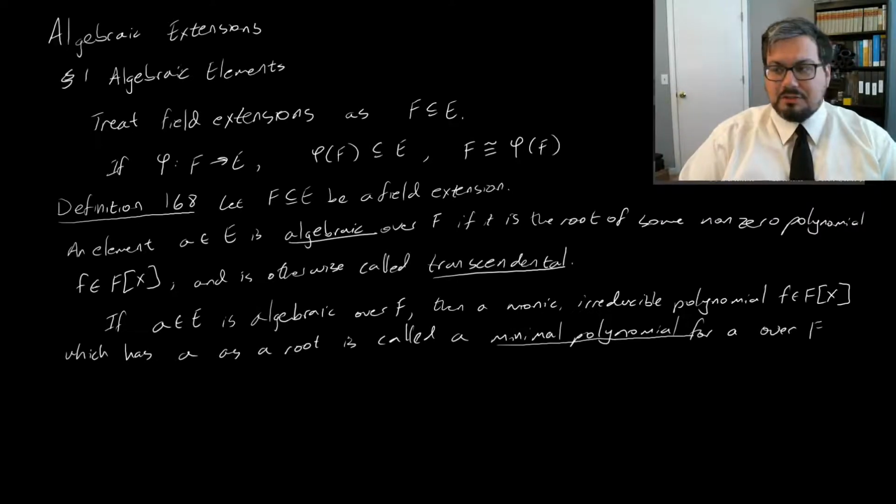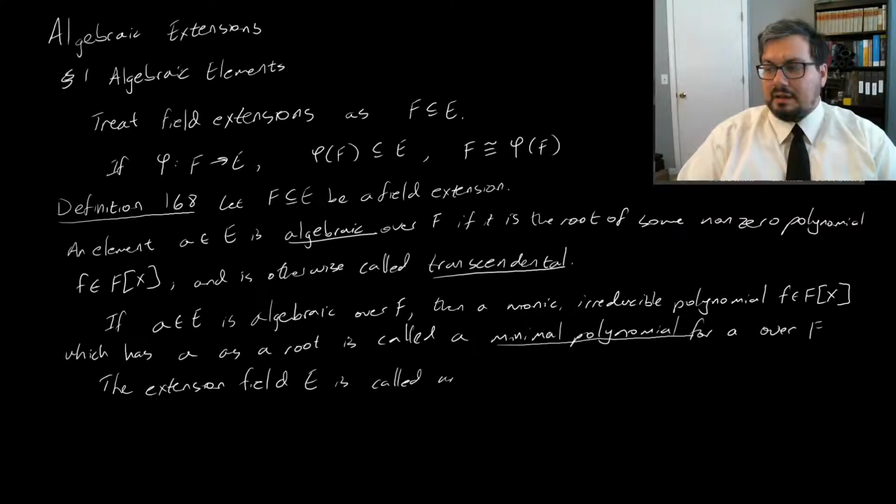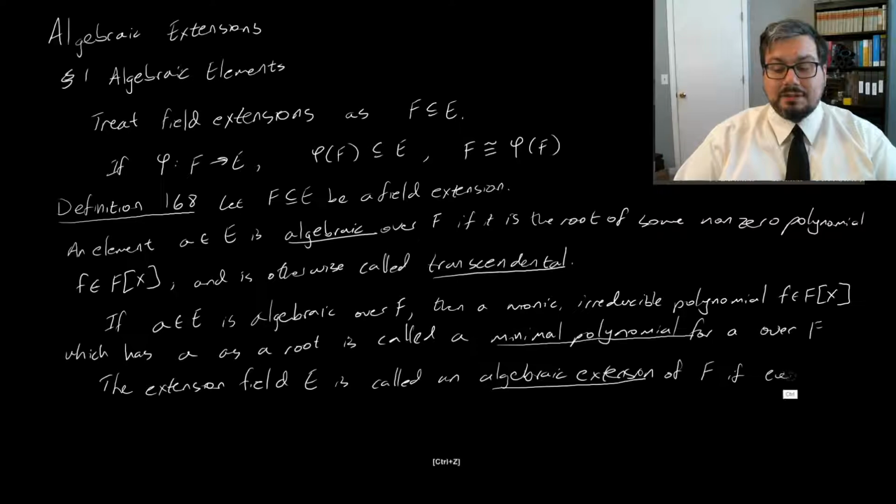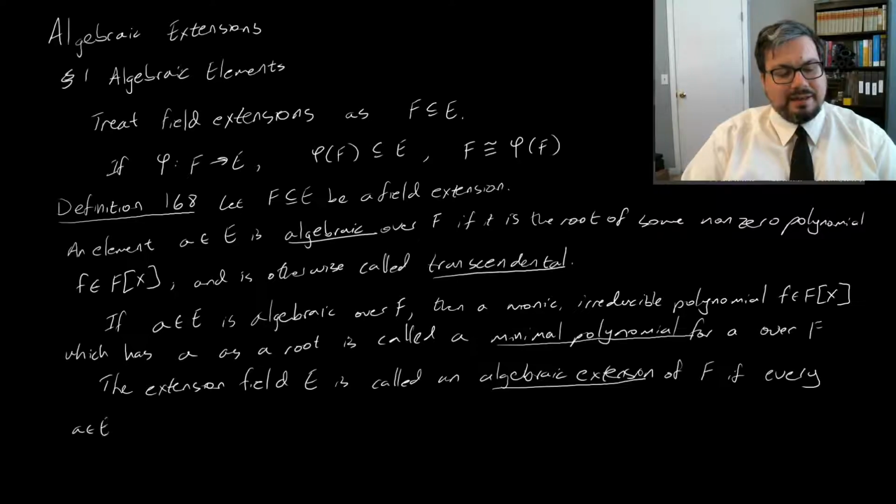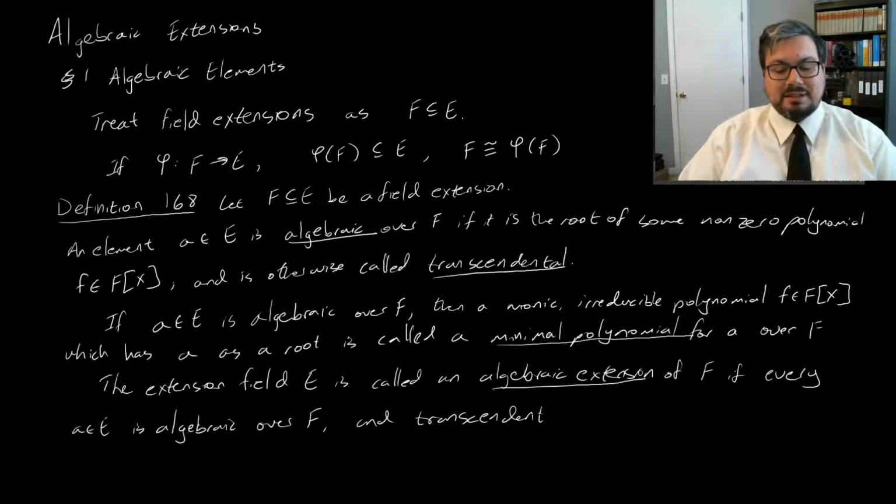Finally, finishing up the definition, the extension field E is called an algebraic extension of F if every element a in E is algebraic over F, and is called a transcendental extension otherwise.